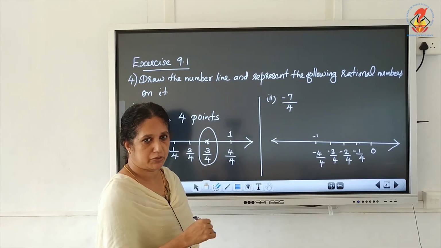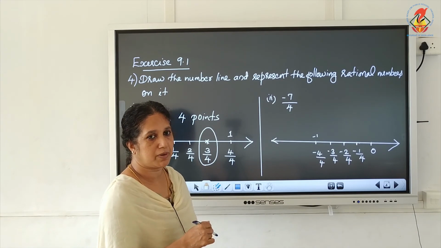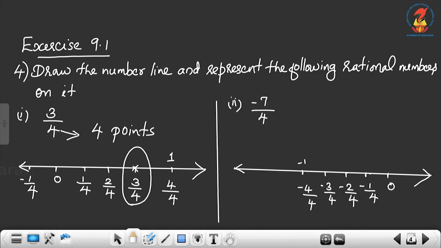So, the rational number is negative 7 by 4. So, we have to continue the marking. How many points do we have to mark? Again 4 more points at equal distances. 1, 2, 3, 4. So, negative 5 by 4, negative 6 by 4, negative 7 by 4 and negative 8 by 4.